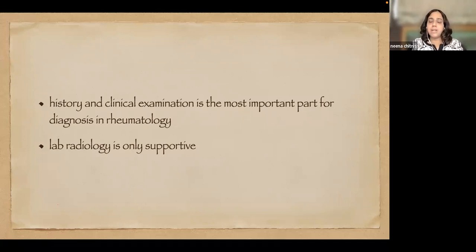If you have examined and said that the patient has tennis elbow or a frozen shoulder, why do you need any other investigations? Nothing is required. So the lab is only supportive and has to be done in only some patients where it is needed. Sometimes we can diagnose it completely on your clinical examination.